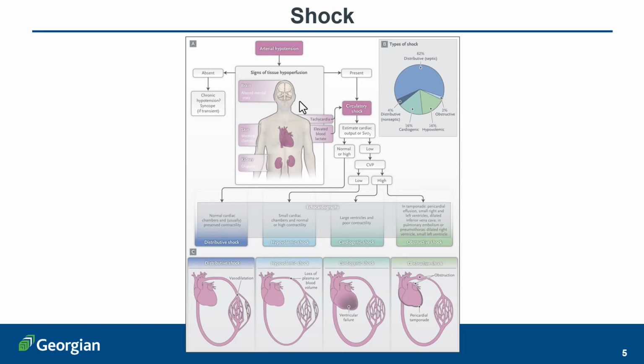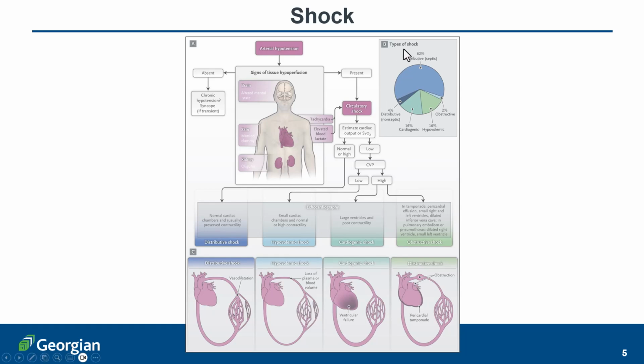If blood pressure decreases, say because of septic or distributive shock, that's because total peripheral resistance has decreased. The only way to compensate for it is to try to increase cardiac output, and cardiac output in turn equals heart rate times stroke volume. So heart rate is going to increase. One of the key compensatory responses to shock is tachycardia.